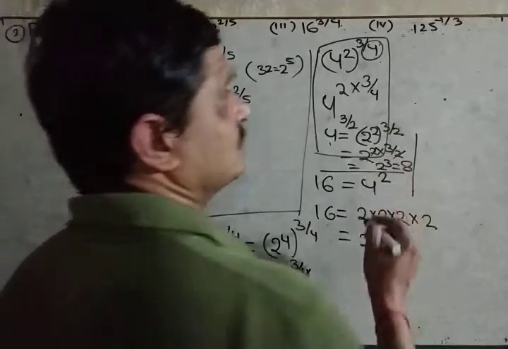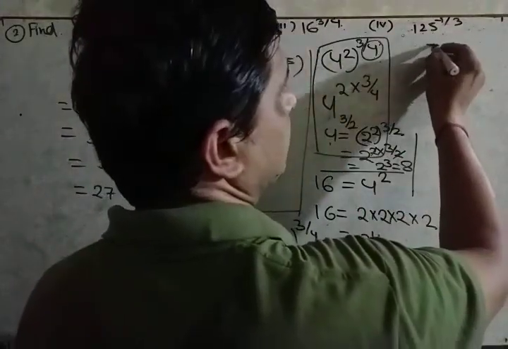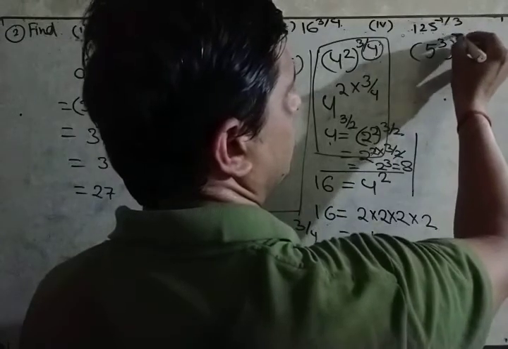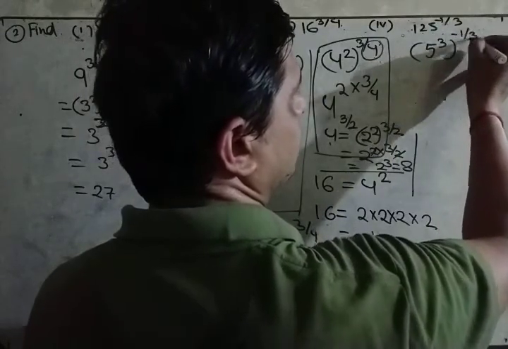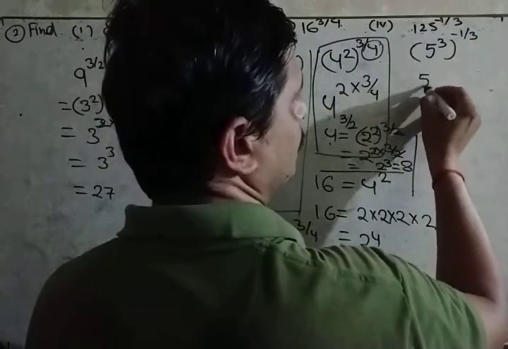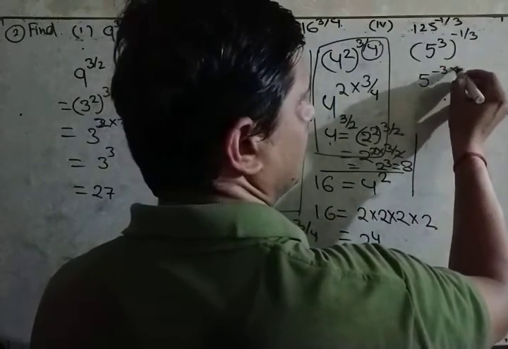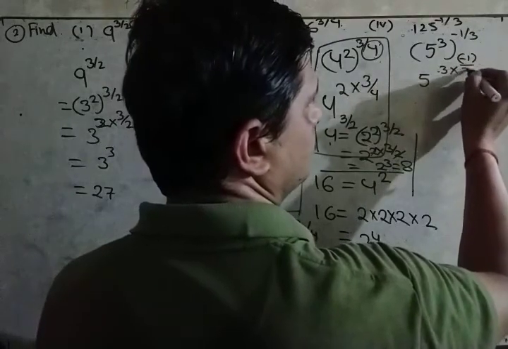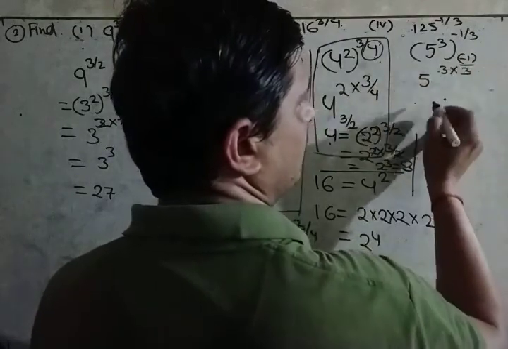Now last question, 125 is again written in the form of, and it is power minus 1 by 3. So when you do this, the 3 will cancel out.